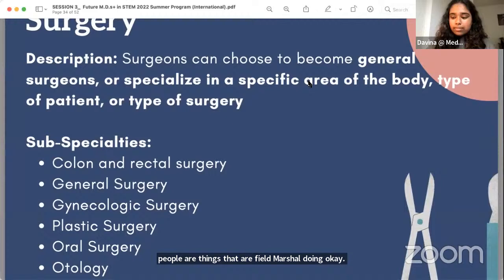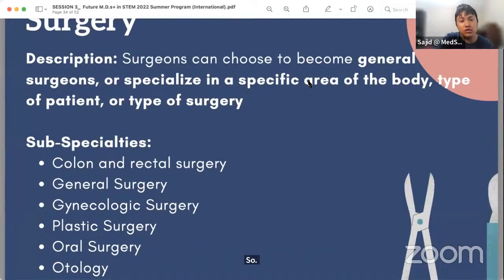So next is surgery. So surgeons can choose to become general surgeons or specialize in a specific area of the body, type of patient, or type of surgery. So surgery is very broad, and so there are many types of subspecialties.